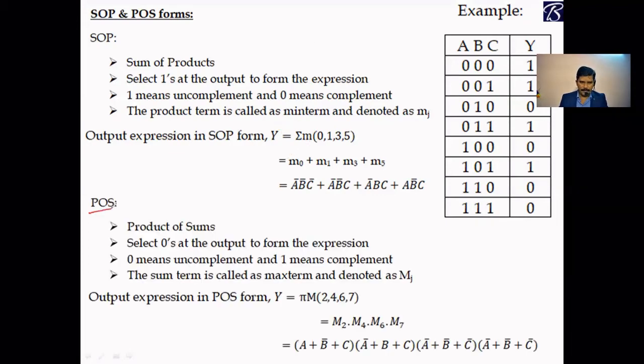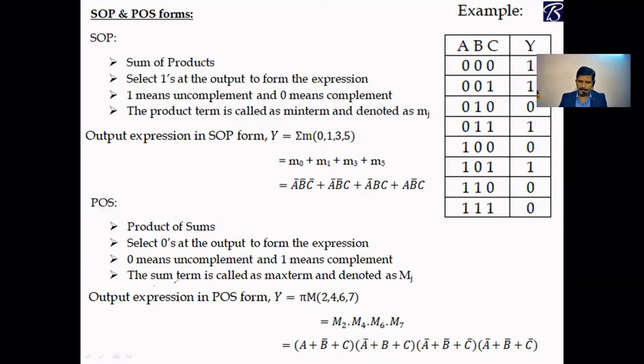Let us see now. POS, that is product of sums. Now select zeros at the output to form the expression. This 0, this 0, 0 and 0. In the input variables ABC, 0 means uncomplement and 1 means complement. Now let us write the output expression for y in POS.